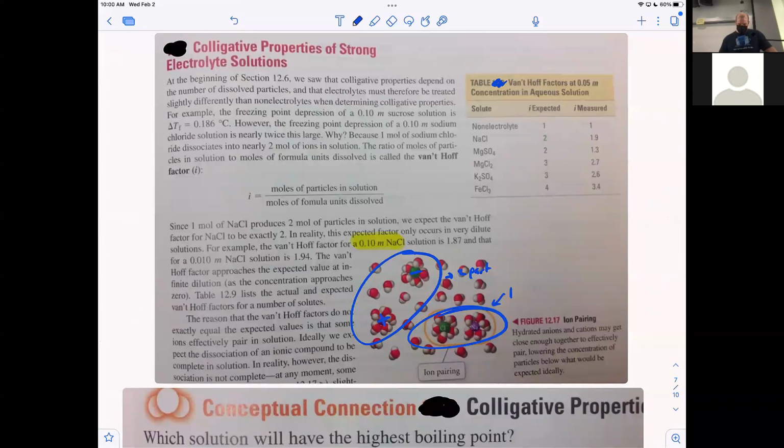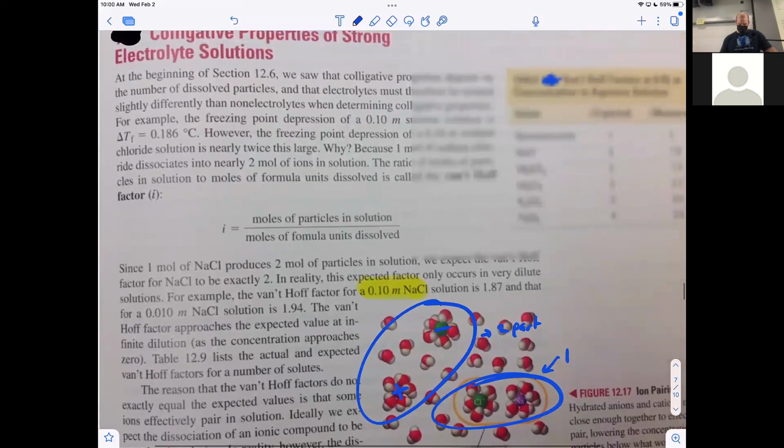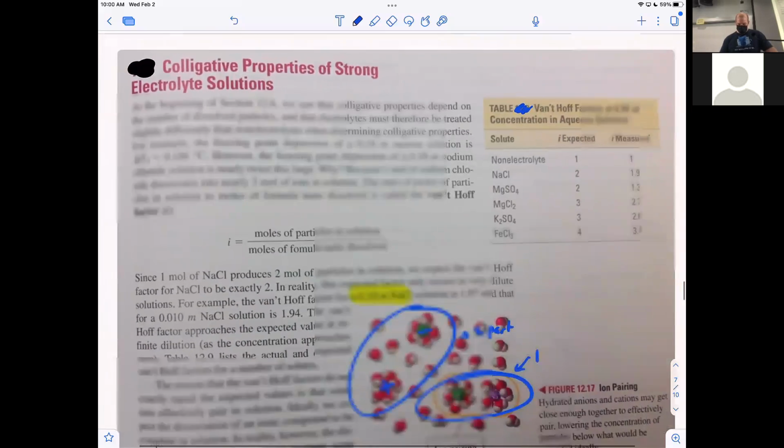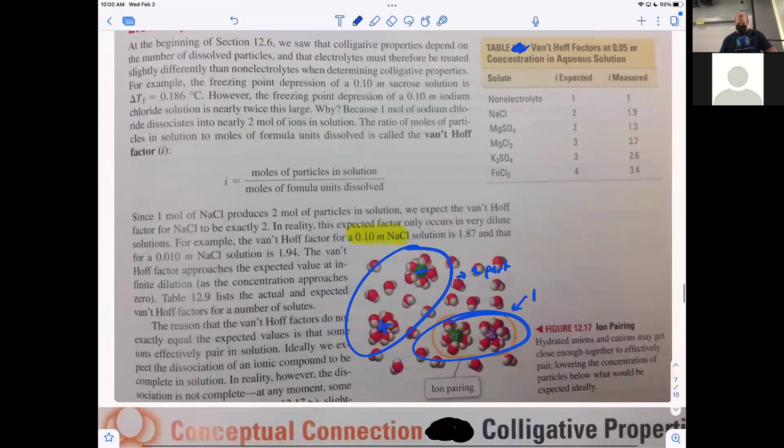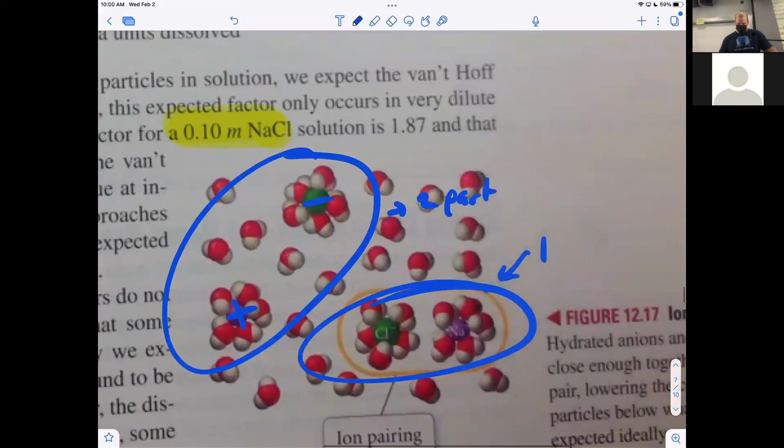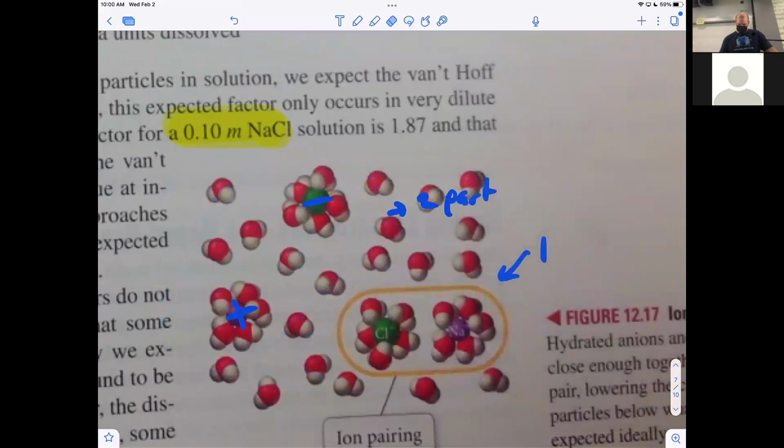I am not going to test you on this, but I want you to know there's something called the van 't Hoff factor. So here you have in solution, this is where you'd like it to be.